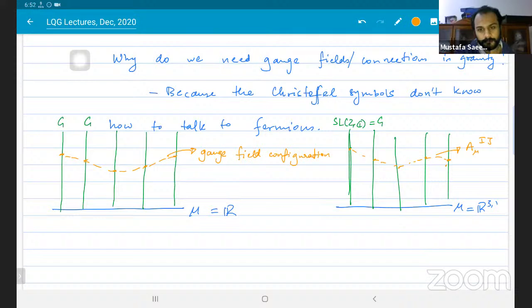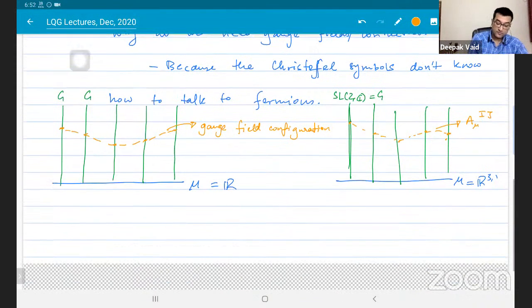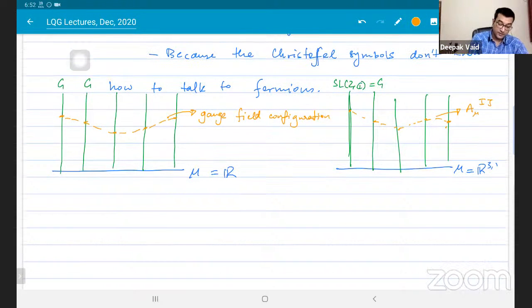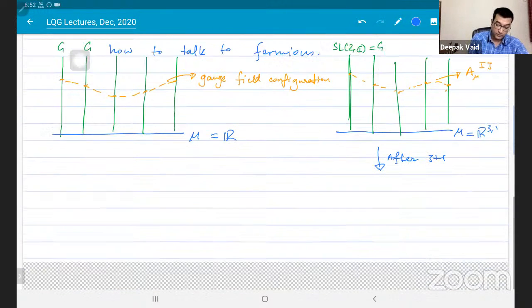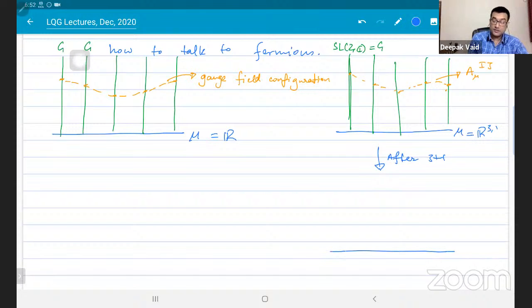All right. So in this case, we would have an SL2C connection. Then when we perform this splitting, this foliation, after the 3+1 splitting, our manifolds are sigma t's, right? It's something with the topology of R3.